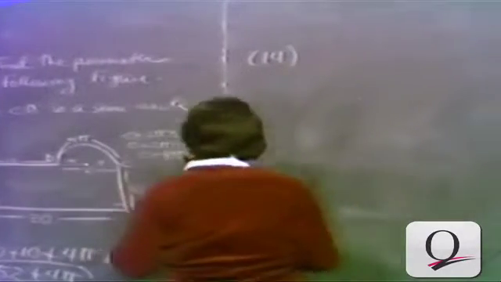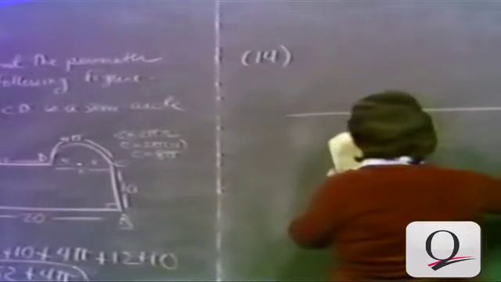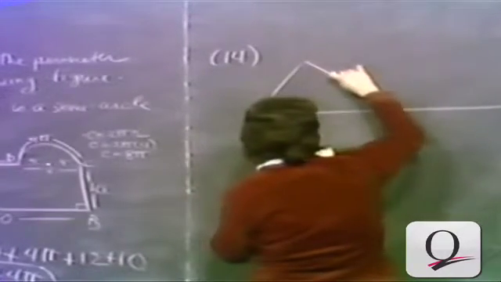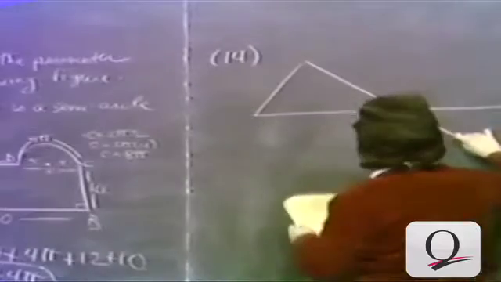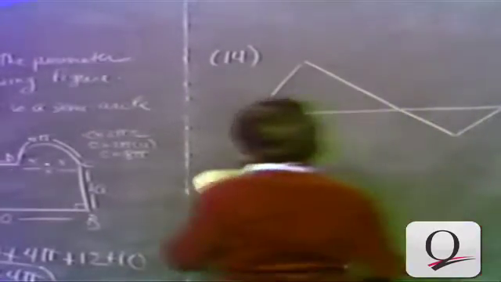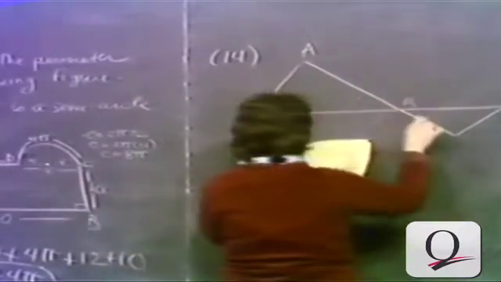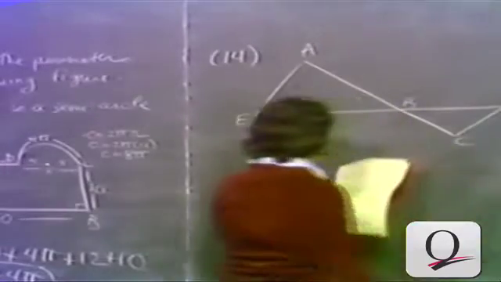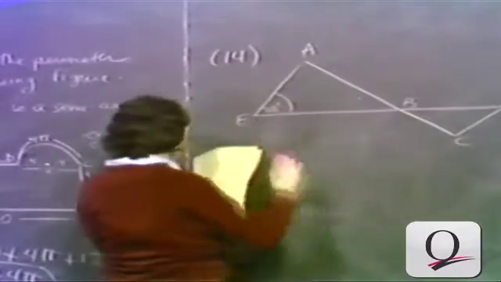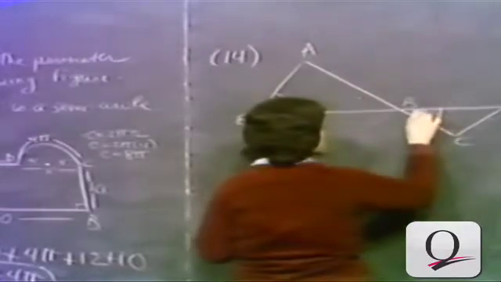In problem number 14, we have the following. A, E, B, C, and D. This is 30 degrees angle E. This angle in here is 50 degrees.